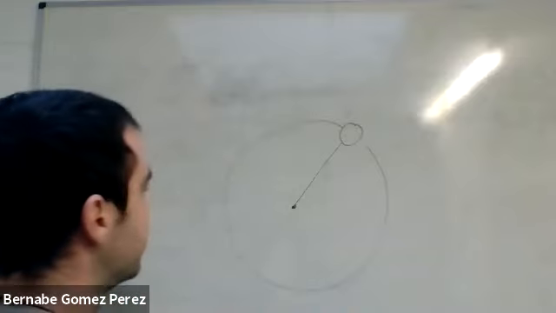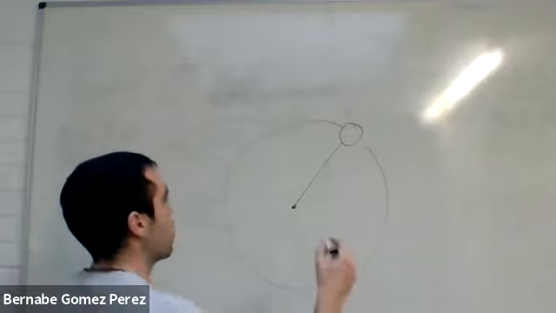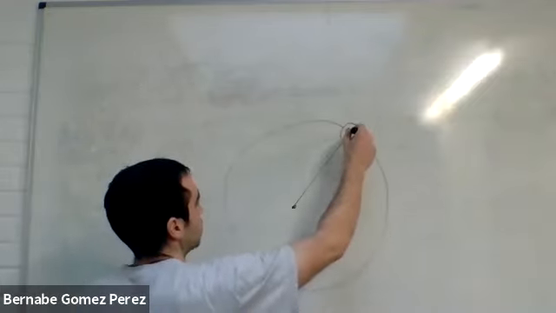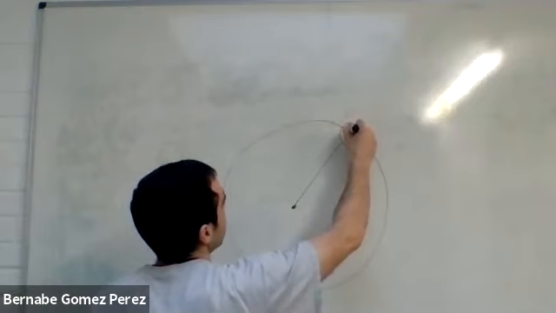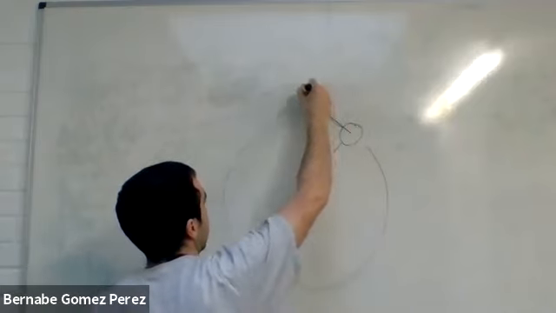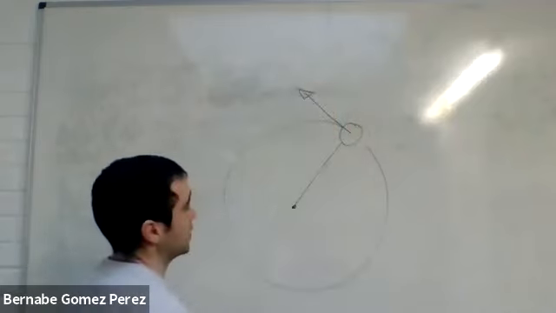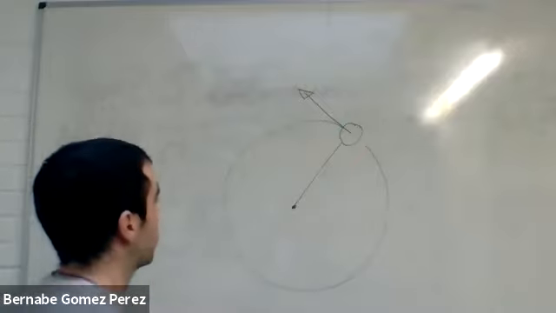So how we understand this, how we expect this object to keep the circular trajectory, is in a way that we would have some tangential velocity always.